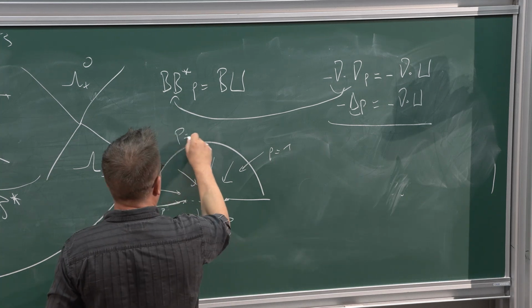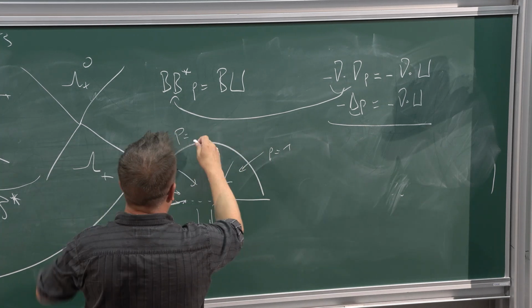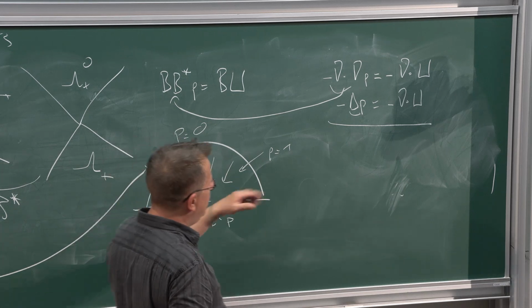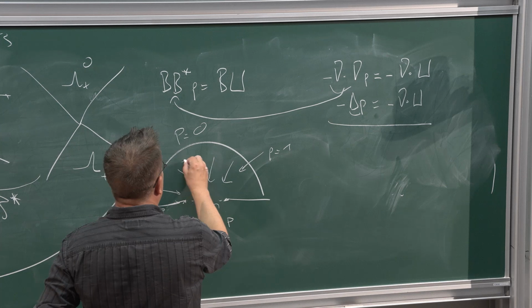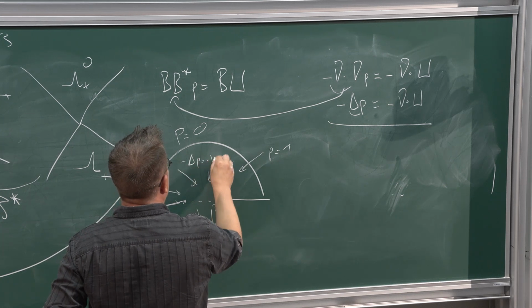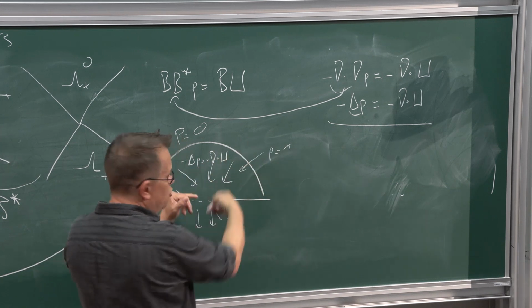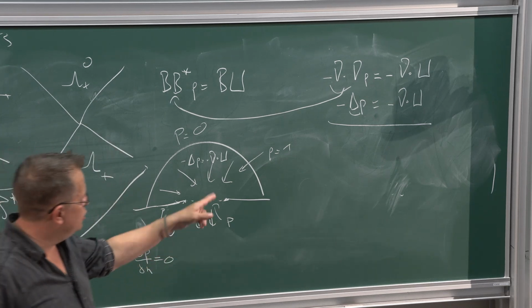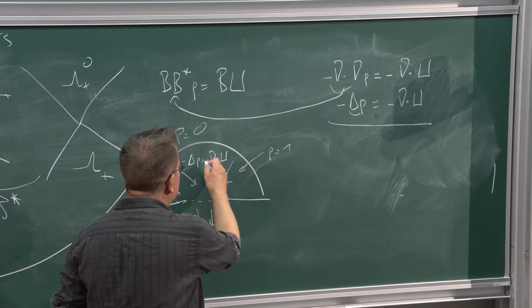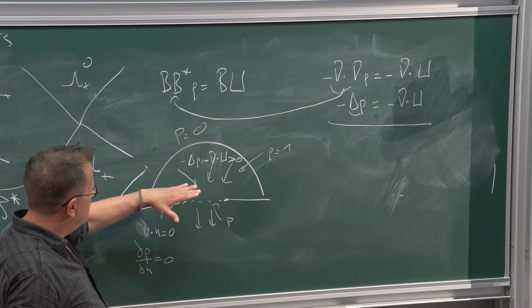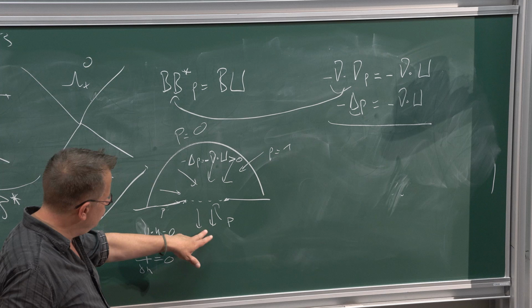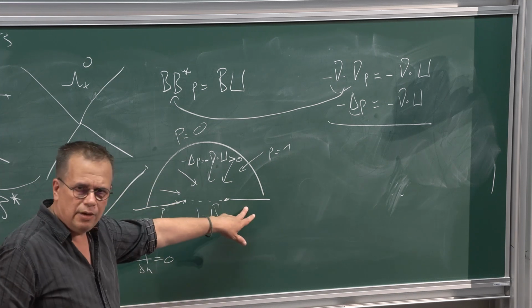And here there is nobody, or you have no congestion, p equals 0. So you end up with a Laplace problem, a Poisson problem. Here you have minus Laplacian of p equals minus divergence of u. The u is concentrating, so the divergence is negative, so minus the divergence is positive. So you have this problem in a domain with homogeneous boundary conditions, Dirichlet and Neumann also.